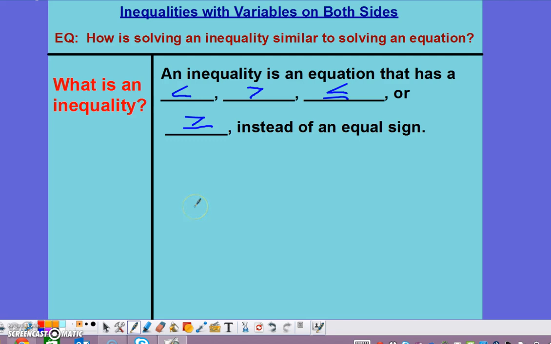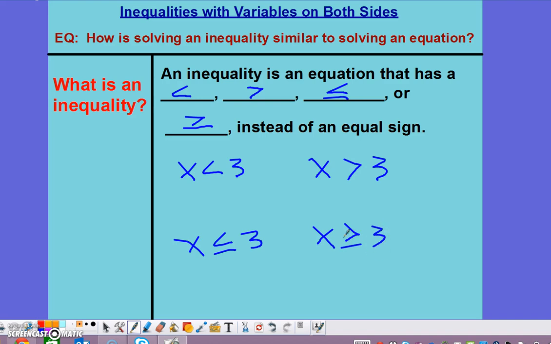So instead of having something like x is equal to 3, we might have x is less than 3, x is greater than 3, x is less than or equal to 3, x is greater than or equal to 3. This is very important when it comes to our solution because it means that we don't just have one number answer.